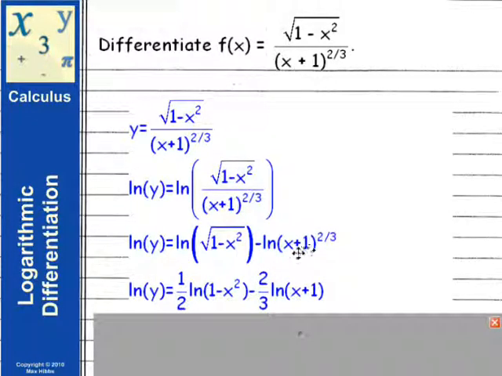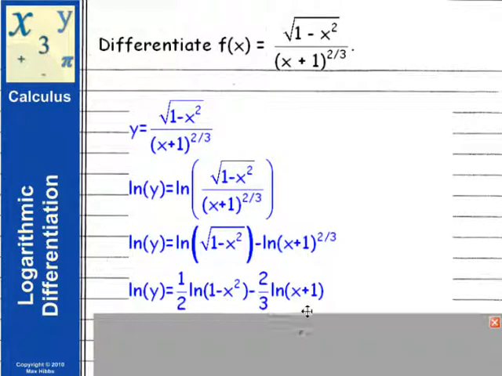The exponent that's on the x plus 1 can be written in front. So now we have the logarithm of y is equal to 1/2 times the logarithm of 1 minus x squared minus 2/3 times the logarithm of x plus 1. Now remember, these logarithms can't be simplified because we don't know how to deal with the logarithm of a difference or the logarithm of a sum.